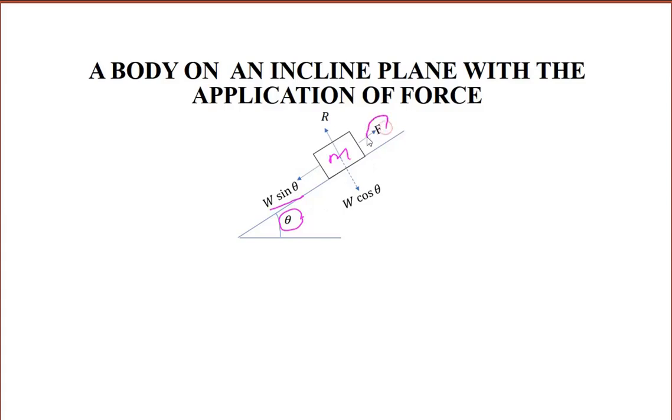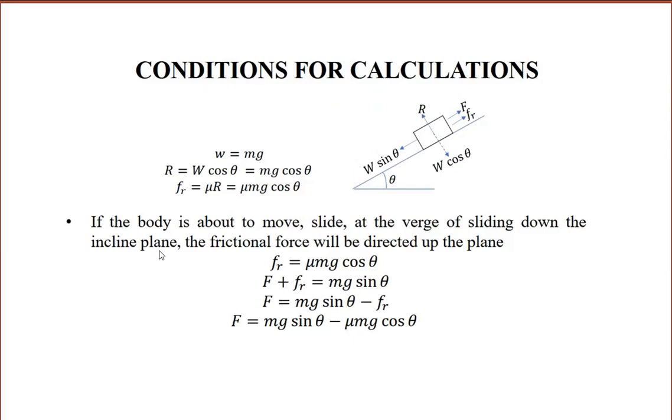Then the force that is applied on the body is F. We know that our normal reaction is W cos theta. So we will look at the conditions for calculation in such a situation.